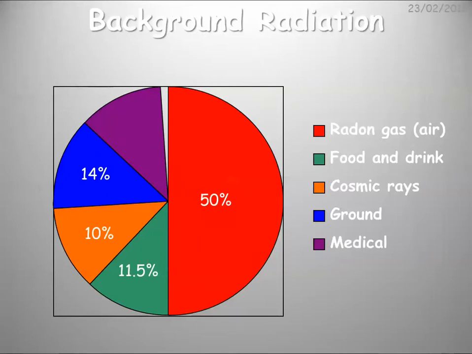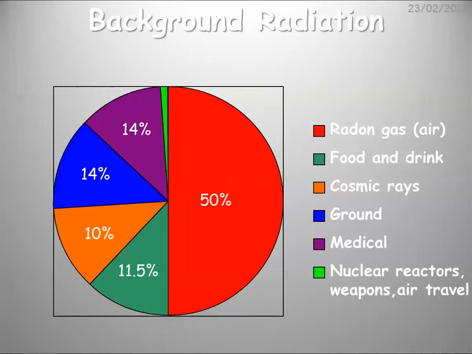Medical uses, this is sort of getting to the atmosphere from hospitals and such like, and radiation they use, 14%. And then there's a little 0.5% which is from nuclear accidents, nuclear weapons testing, and if you do a bit of air travel, although that could vary if you travel an awful lot. Okay, the last two there are man-made.